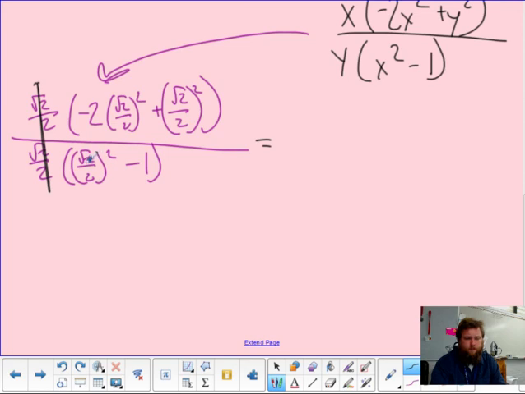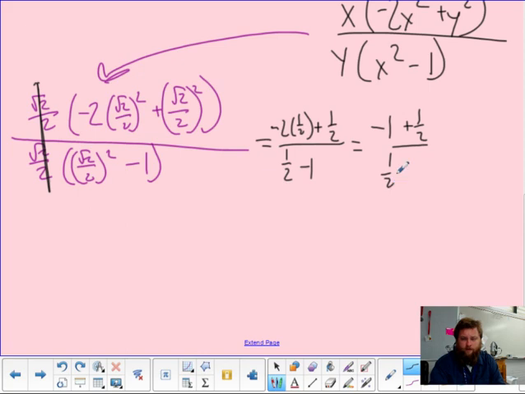On the bottom, square root of 2 squared is 2, and 2 squared is 4, so this becomes 1/2 minus 1. On the top, square root of 2 over 2 squared is 1/2, so it would be negative 2 times 1/2 plus 1/2, so negative 1 plus 1/2, over 1/2 minus 1. That gives you negative 1/2 over negative 1/2.